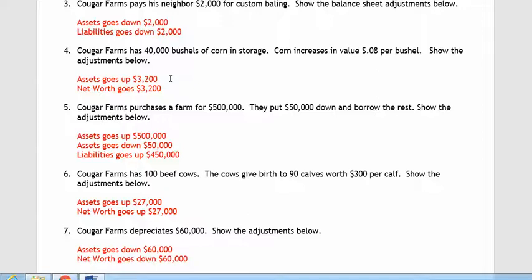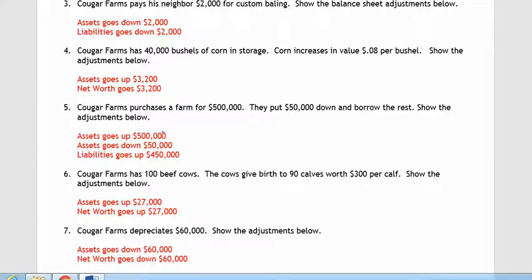Number 5, Cougar Farms purchases a farm for $500,000. They put $50,000 down and borrow the rest. What that means is when we put $50,000 down, we took money out of checking or savings and put that money up front towards the purchase of, in this case, a farm. We borrow the remainder of the money, which would be $450,000. So what does it look like to our balance sheet?